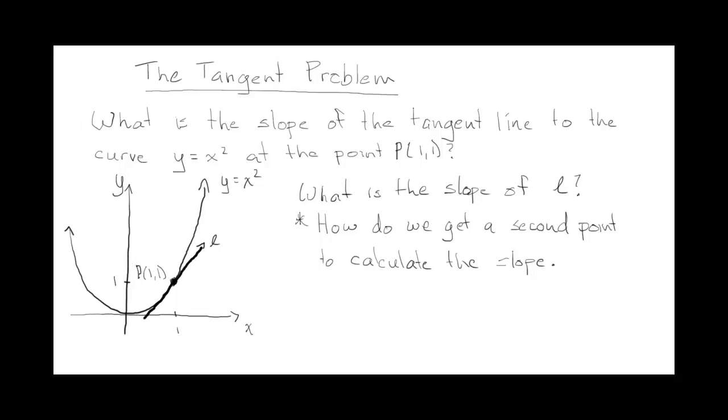What we're going to do, so that we can get an exact coordinate, is take another point on the curve. So let's take the point up here. Call this point Q. So let Q be a different point than P on the curve.